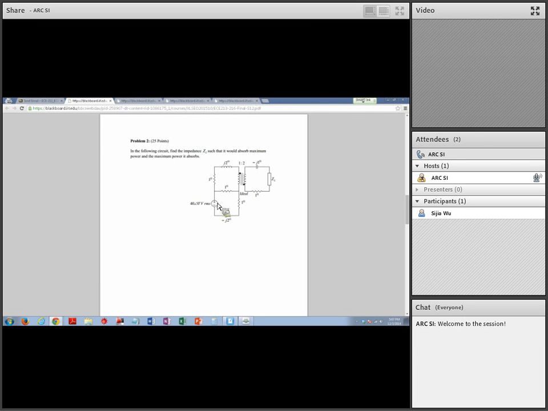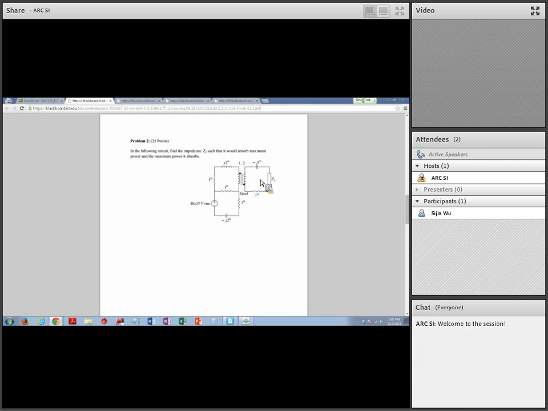You source transform here, you have something in parallel with this one. Then you find the equivalent over there. You can do source transformation again. There will be a resistor in series with this one. You can source transform again and find the equivalent resistor. Then you can move them all to the right.